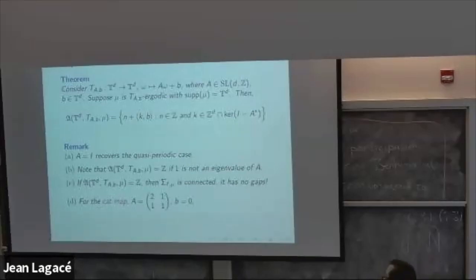So the cat map is given by A equal to 2, 1, 1, 1. That's the matrix you put here. D is equal to 2, and B is just 0. So that's Arnold's cat map. And now you compute the eigenvalues of A, and you will see that 1 is not an eigenvalue, and therefore it's also not an eigenvalue of A star, which is equal to A.